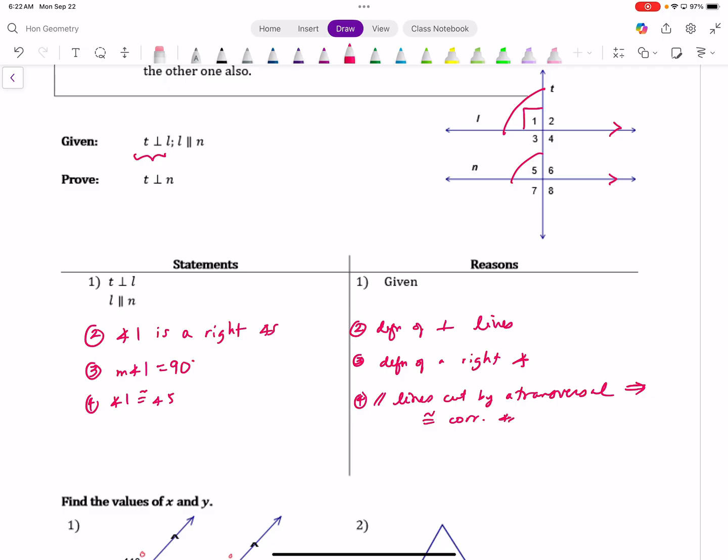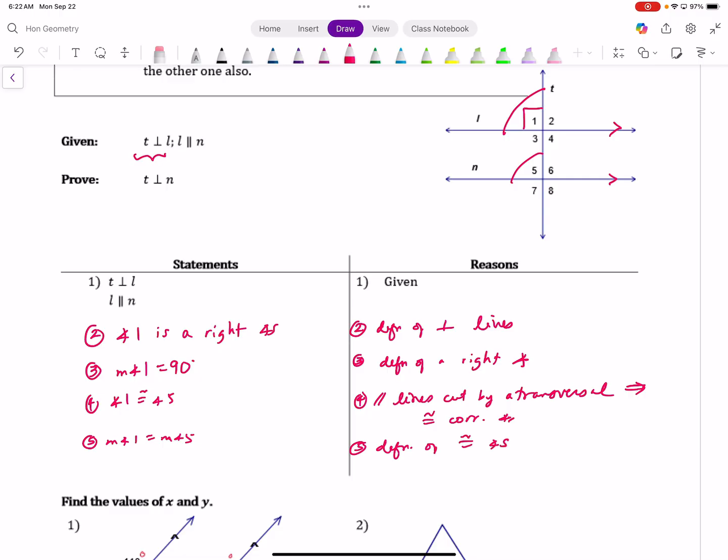All right, that means that the measure of angle 1 equals the measure of angle 5. Oh, I'm going to run out of room. Because that's the definition of congruent angles.